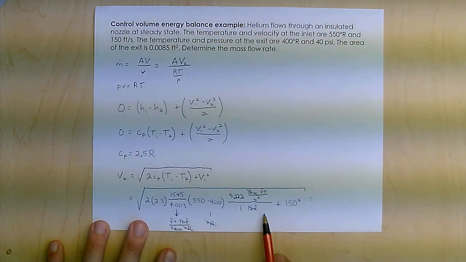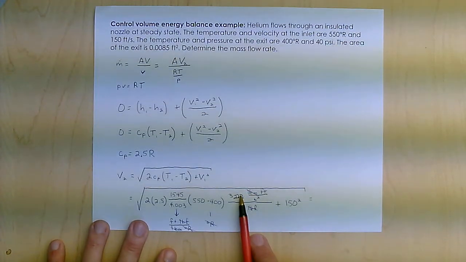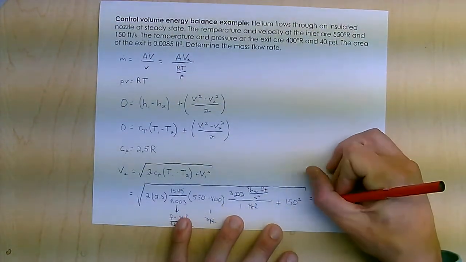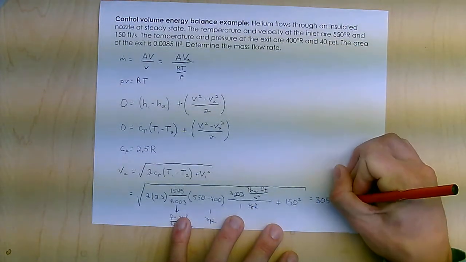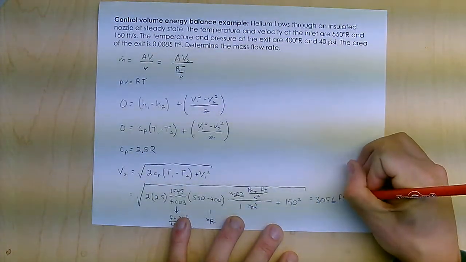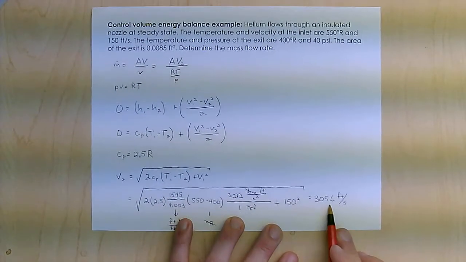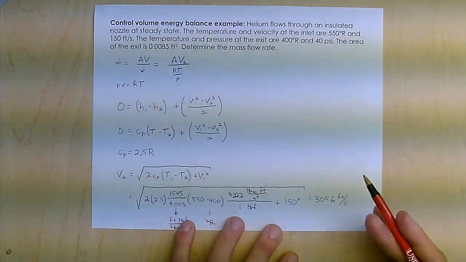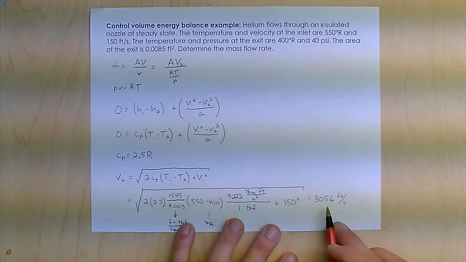It's that relationship between a pound force and a pound mass. Anyway, my velocity coming out is then 3056 feet per second. Much higher than the inlet velocity, which is the point of the nozzle. You've got this incredibly large change in velocity.